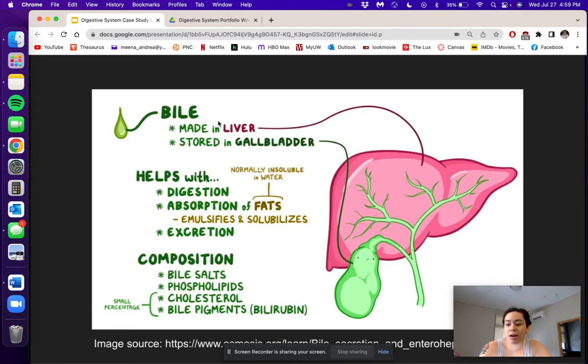Bile is a non-enzymatic solution that is produced in the liver, and then it is stored in the gallbladder. It consists of bile salts, as well as cholesterol and the pigment bilirubin. Bile is used to aid in the digestion and absorption of fat.